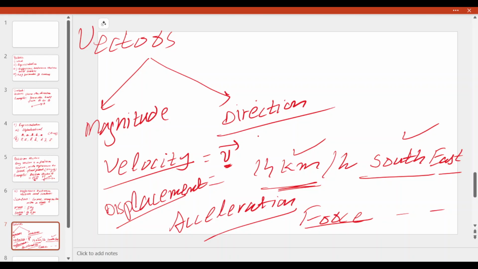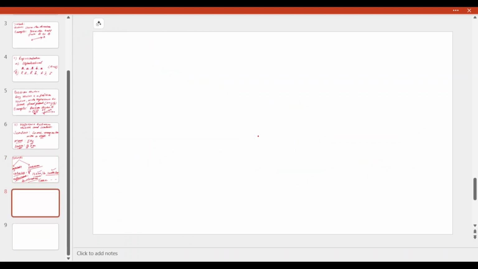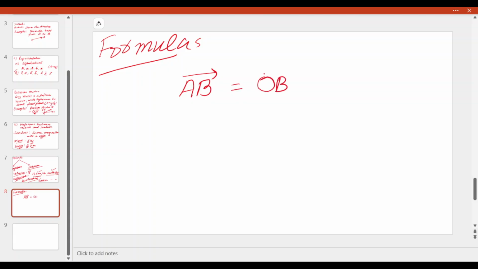So the last part is some very important formulas that are useful in exams. So students, when we say vector AB, how to represent this vector AB? This is nothing but vector OB, position vector B, minus position vector A or OA.